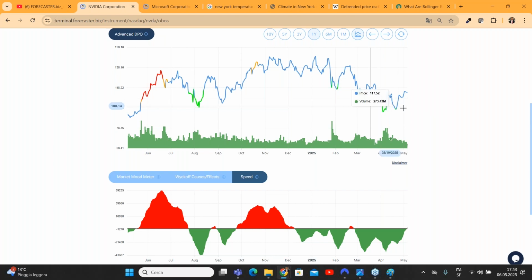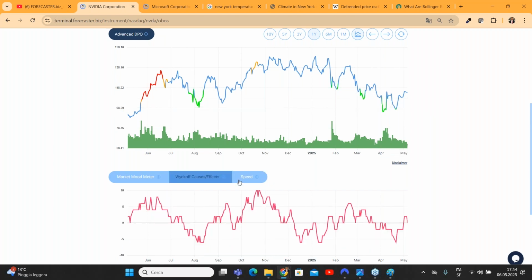We also have another indicator, which is the Wyckoff. Very simple. Also here we have a zero line. When the indicator is right at zero, like now, it means we have the same number of buyers and the same number of sellers, okay?